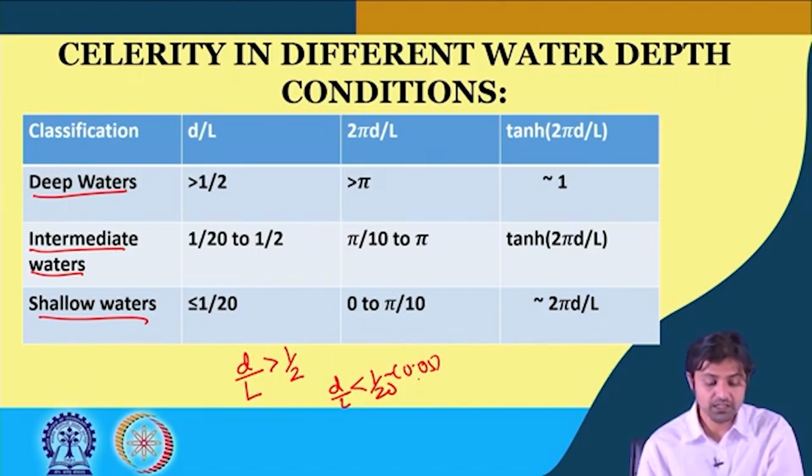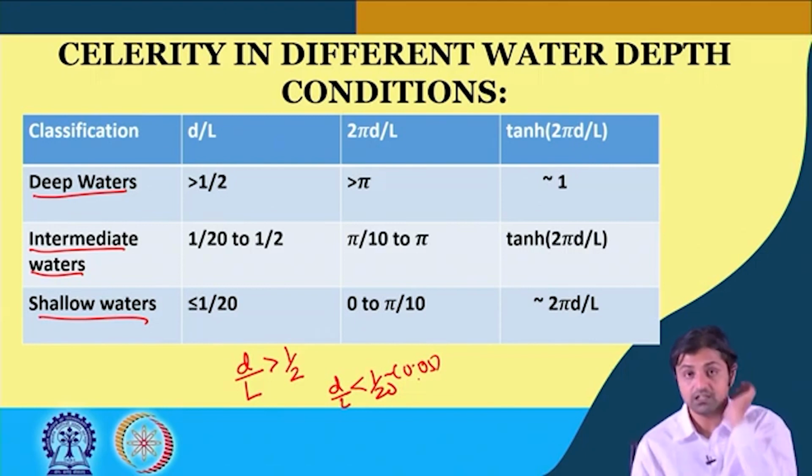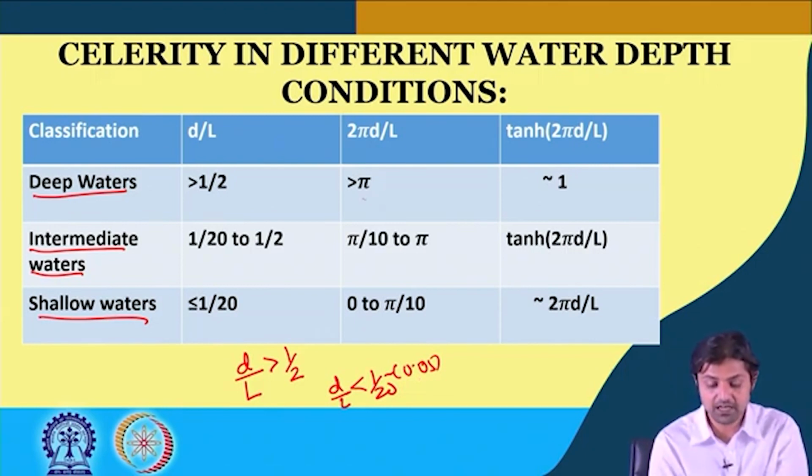So, in case of deep water, if d by L is greater than half, then 2 pi d by L will be greater than pi. What you do simply is, just see, d by L is greater than half, so 2 pi d by L will be greater than 2 pi into half.